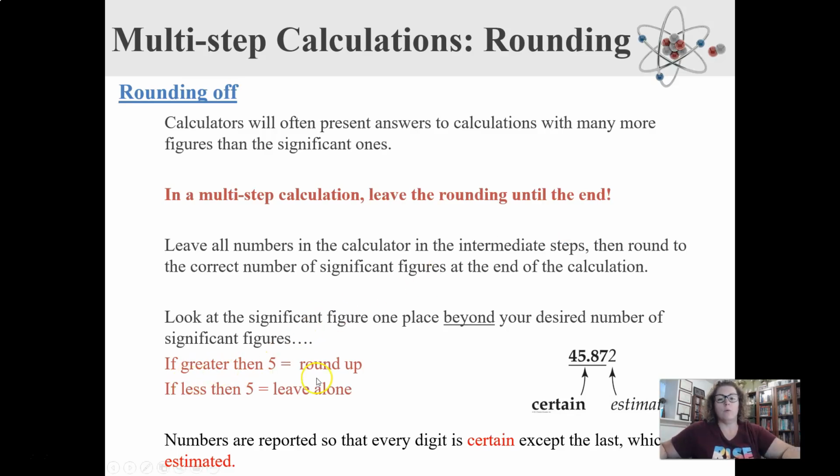So if you have to round, just quick, simple rule, if the number after where you have to cut is 5 or higher, then round the number up. If it's below that, as in like 1, 2, 3, 4, then just don't round it. So if I had a number 45.87, all of these digits in the front, even before the decimal and after the decimal, they're all certain values.